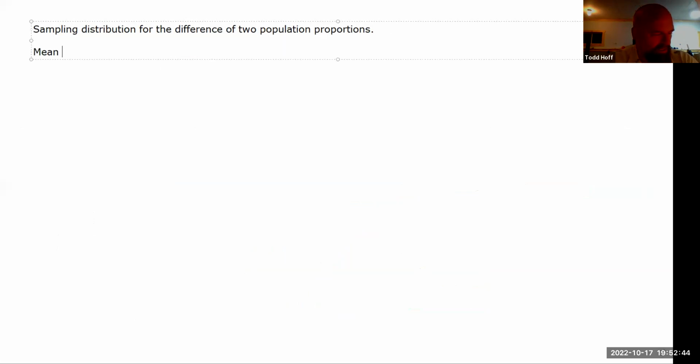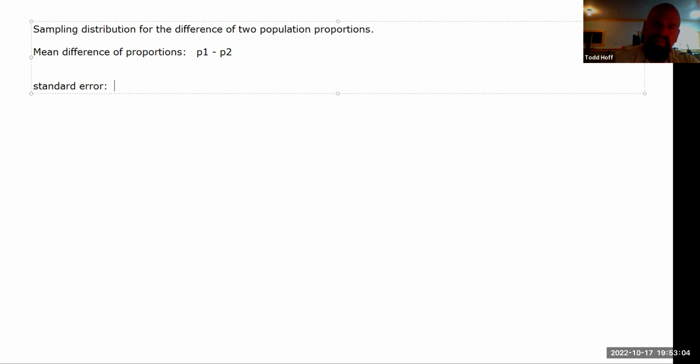The mean difference of proportion is just going to be P1 minus P2, just the difference of the population proportions. The standard error, or the standard deviation of the difference of the proportions.